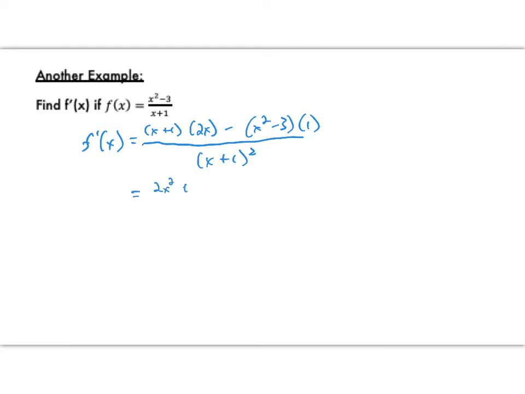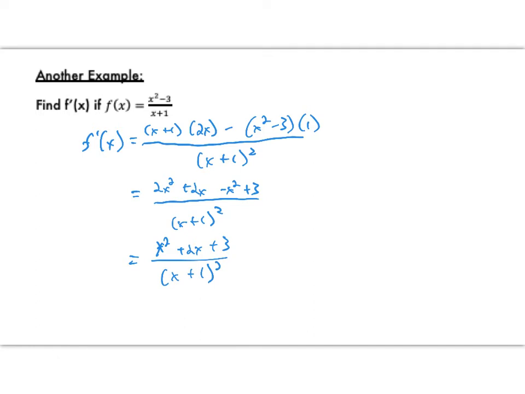We've got 2x squared plus 2x minus x squared plus 3, and then this is all over x plus 1 quantity squared. So now we clean up the mess even further, and we get x squared plus 2x plus 3 all over x plus 1 quantity squared.